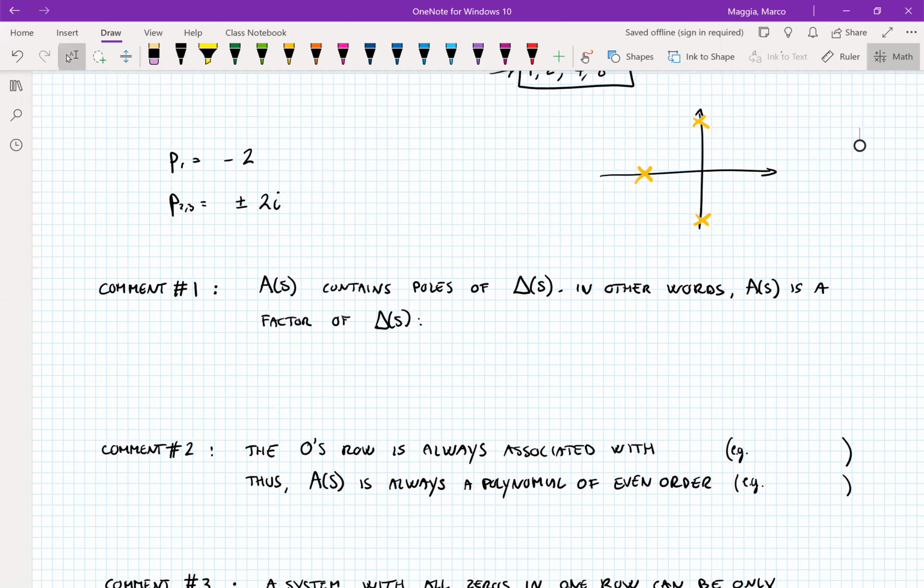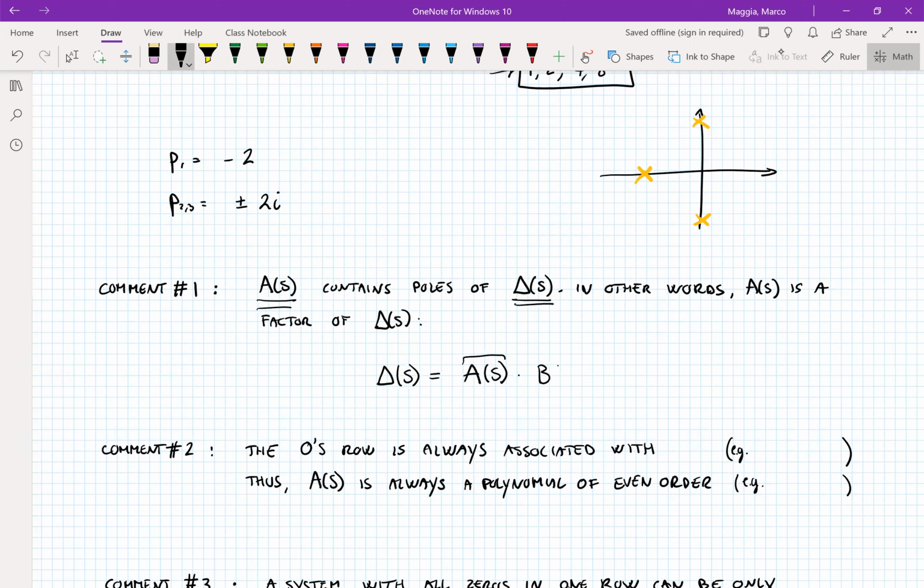A couple of things that I want to point out and that you can use as useful information: the auxiliary polynomial A(s) contains some poles of the characteristic polynomial. In other words, you can factorize the characteristic polynomial using the auxiliary polynomial. So A(s) is just a factor of delta(s).